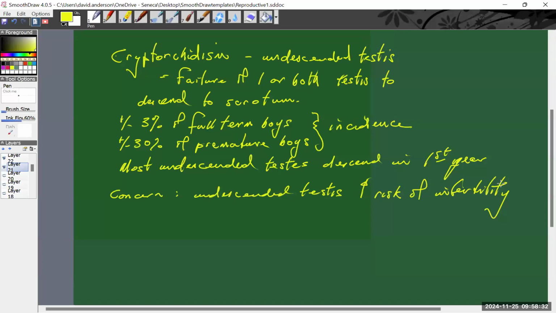In other words, the scrotum is away from the core of the body, relatively speaking, and provides an environment that's generally somewhere between 2 and 3 degrees Celsius cooler than body core temperature. And that tends to be an environment that's more favorable to spermatogenesis. So if the testes are in the pelvic cavity, the environment is much warmer and it's going to interfere with spermatogenesis and therefore decrease the viability and motility of the spermatozoa that are produced there. In other words, increase the risk of infertility.